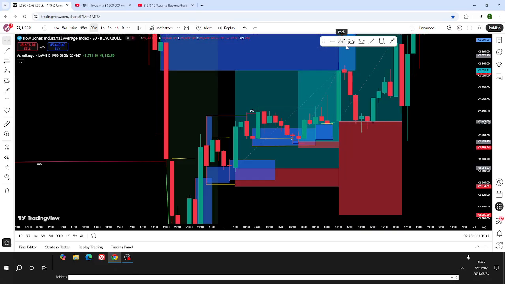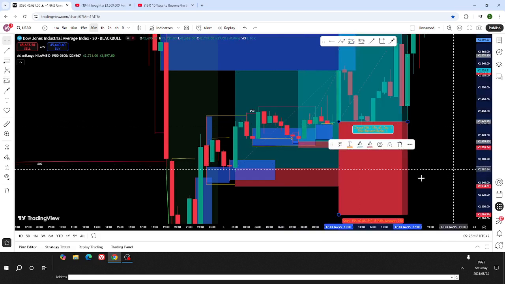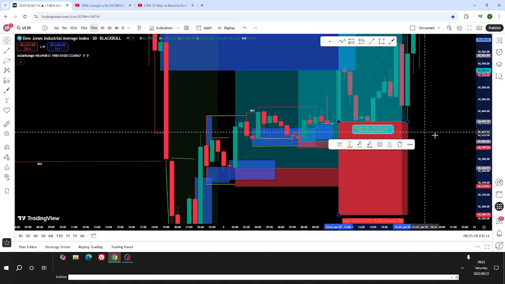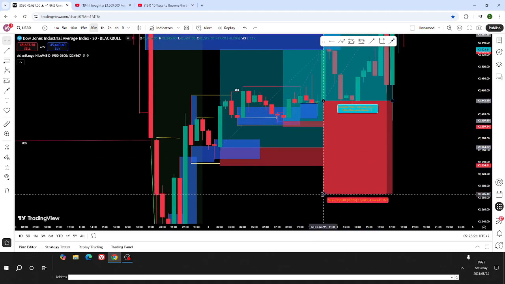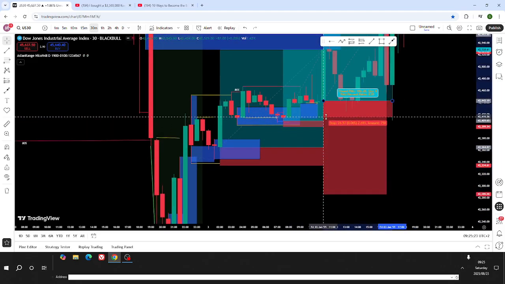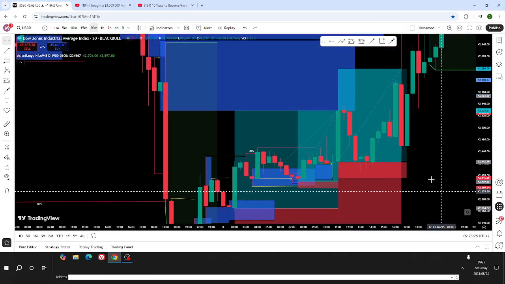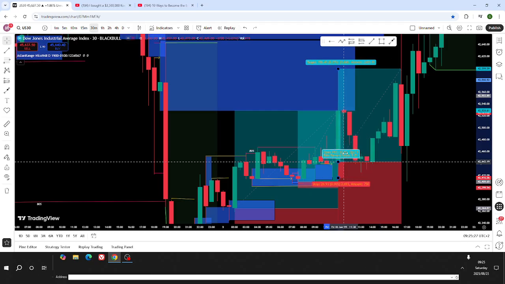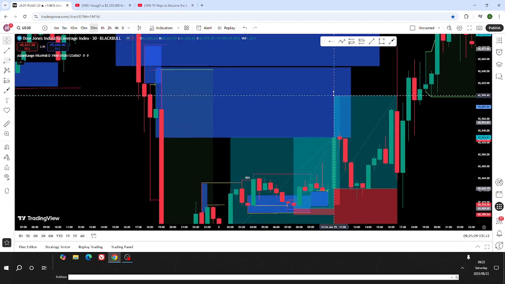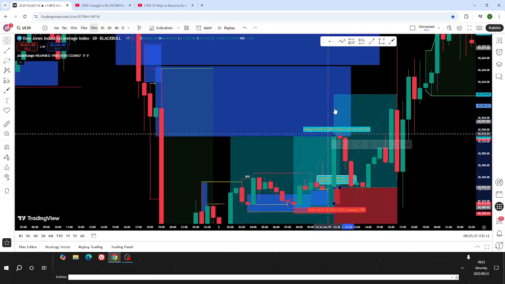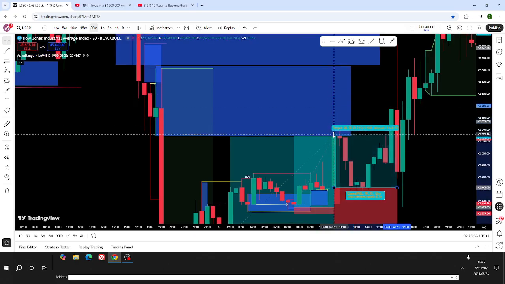So if you didn't take a trade here, you might as well take a trade here. Or even if you took trades wherever you took them, you might as well just add up your entries, up until the market gets into right over here.